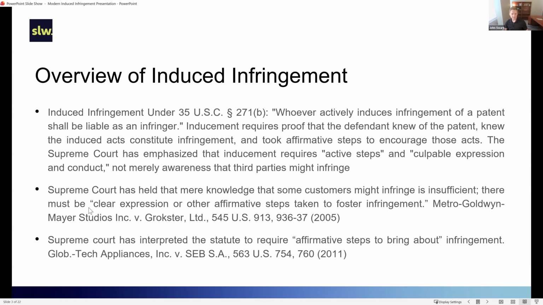Here in the Grokster case, there was clear expression or other affirmative steps taken to foster infringement. That was decided in this copyright case. In Globe Tech, the affirmative steps to bring about infringement.